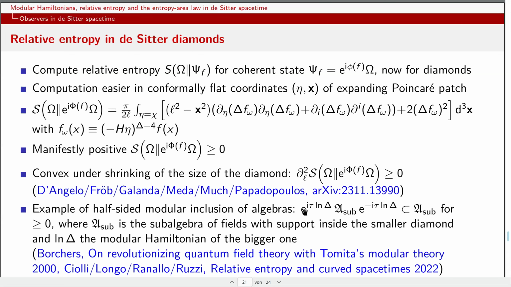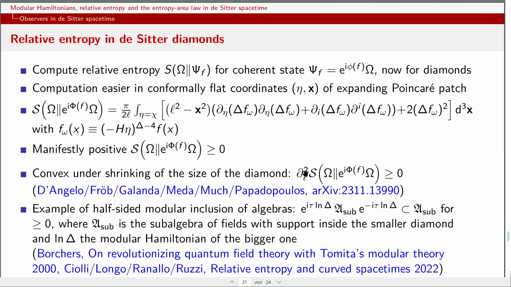The idea is that if one has, say, the algebras of two regions where one is included in the other, then there's an inclusion of modular flows. That is, one takes the modular flow of the bigger algebra of elements inside, and that stays inside. So in the context of relative entropy, that translates to the fact that it's a convex function of the size of the region.